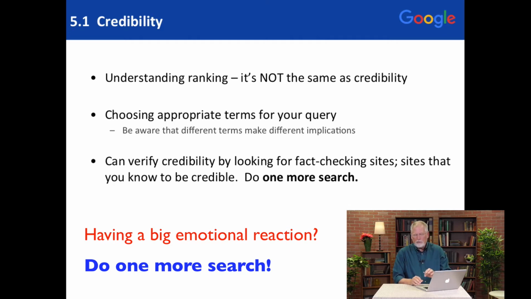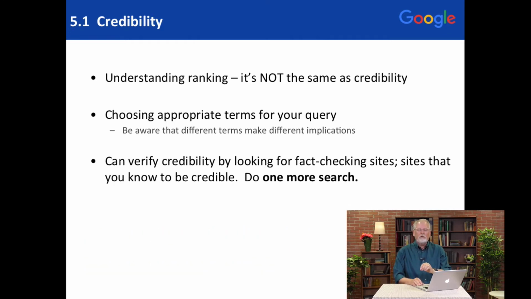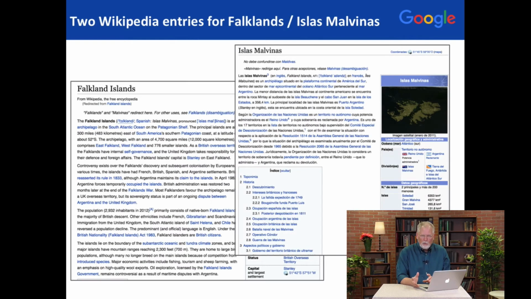It's an important step, and doing an additional search will often clarify the ambiguities inherent in some of the questions you're asking. For instance, one of the things that comes up a lot is different perspectives on the same topic. You might remember that a while ago there was a battle over the Falkland Islands. Now, if you're in the English-speaking world, this is the Falkland Islands off the coast of Argentina.